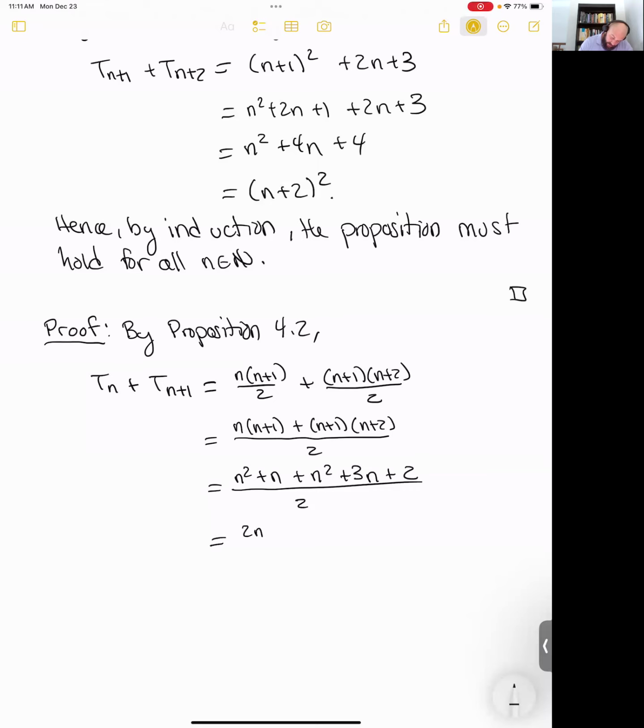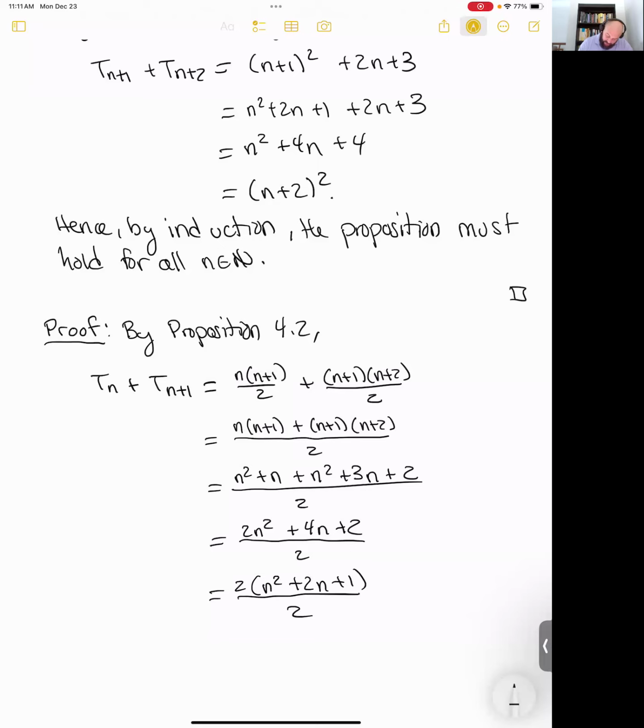So we get 2n squared plus 4n plus 2 all over 2. Notice everything's divisible by 2 in the numerator, so that's like 2 times n squared plus 2n plus 1 all over 2.